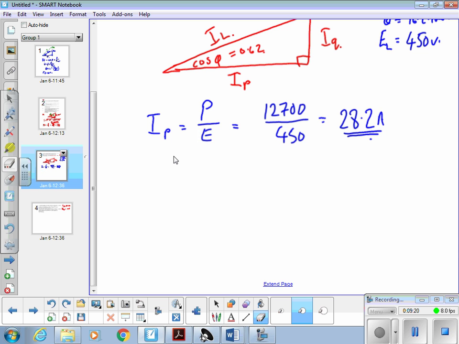Method 1, IQ. How are you going to tell me how to do it? So you're going to find the angle.